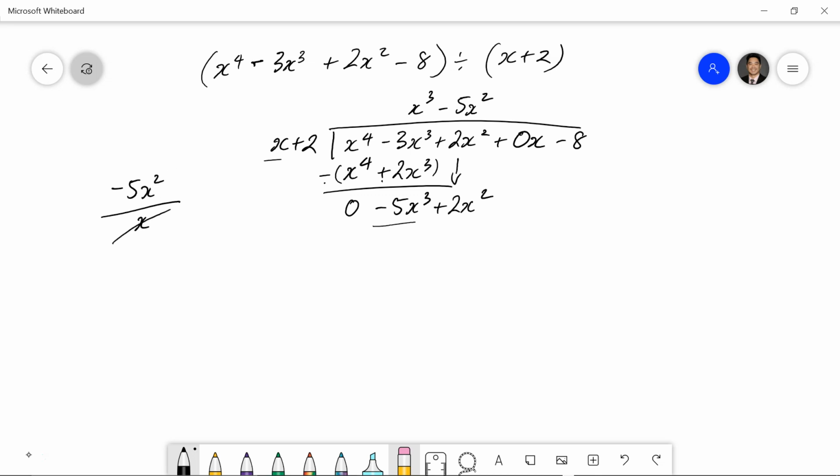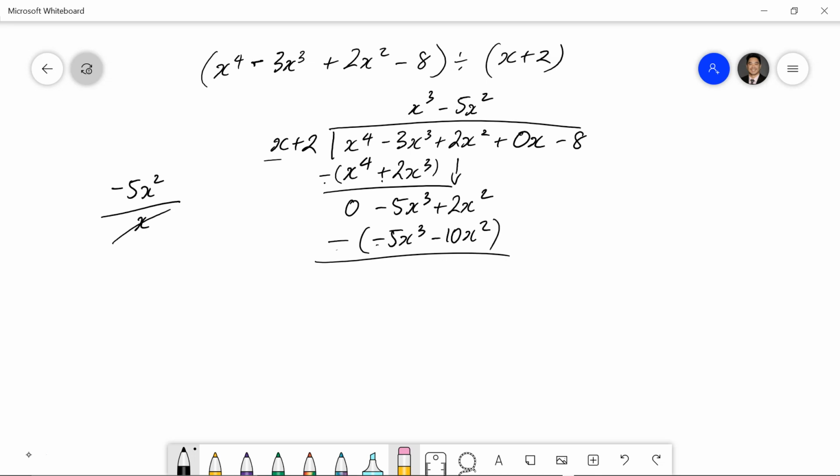Do what you need to do to ensure that you haven't missed anything. So now we re-multiply. This is a negative 5x squared, so don't leave that negative. We have negative 5x cubed here. Multiplied by 2, we get minus 10x squared. And we're going to subtract.